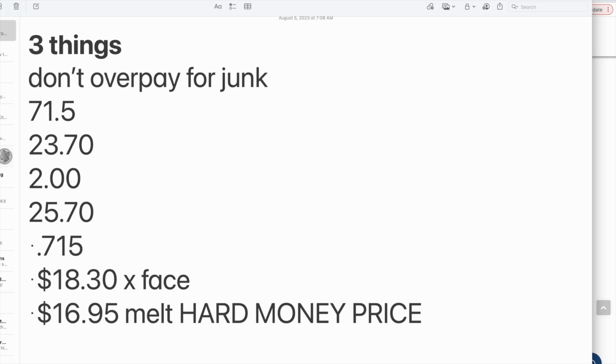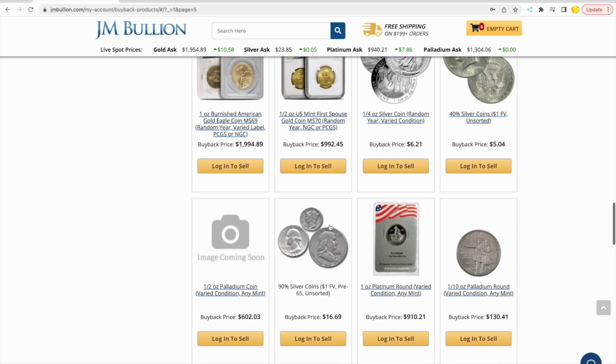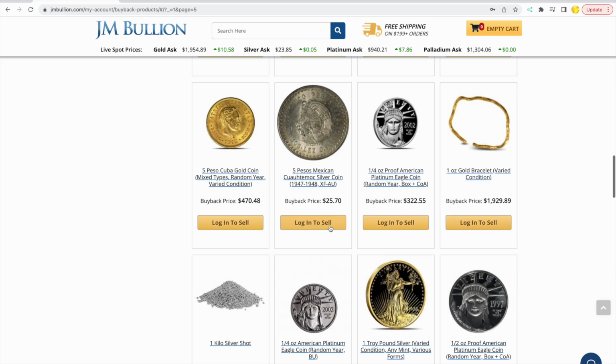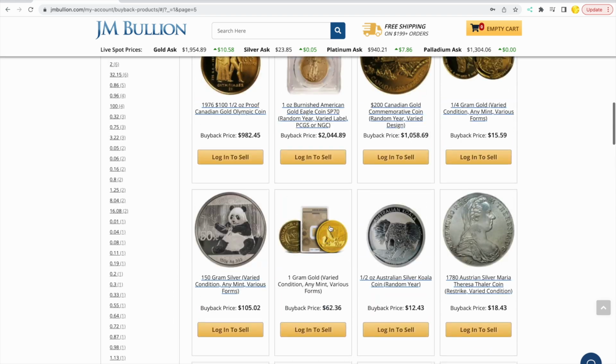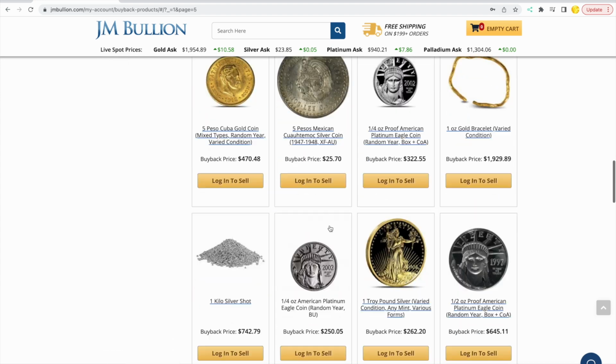Now, recently I was contemplating buying some 40%, because you can buy 40% for spot. I think Vermilion has been selling 40% for spot. And I was like, well, what in the hell are they paying for 40%? We had a 40% Kennedy up here.